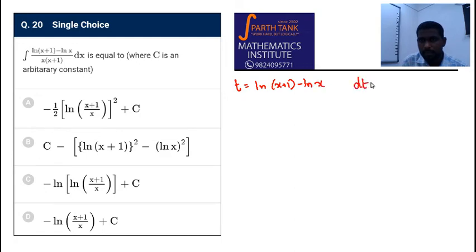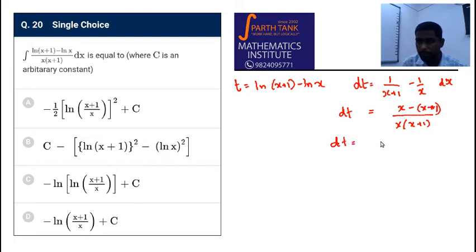Then what would be dt? It would be 1 by x plus 1 minus 1 by x. Simplify this a little bit, taking the LCM, x into x plus 1, into dx. So x minus of x plus 1. So this would give me dt is minus 1 upon x into x plus 1 dx, or this whole thing is minus dt.